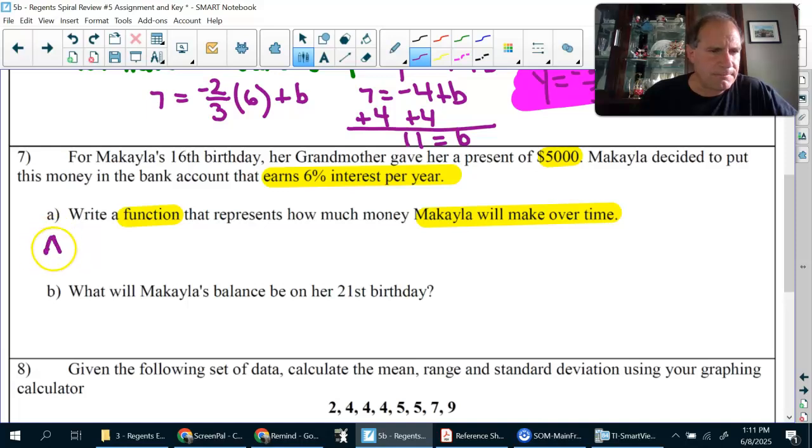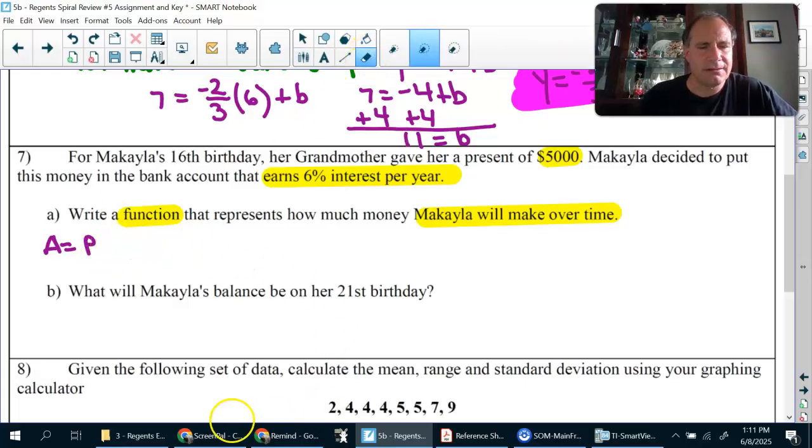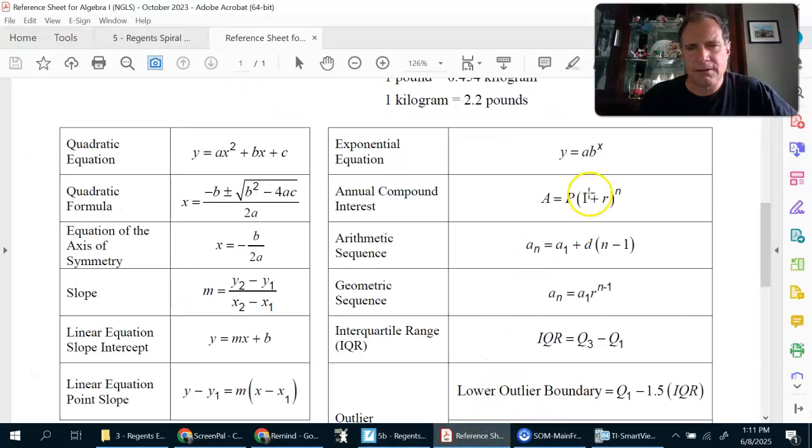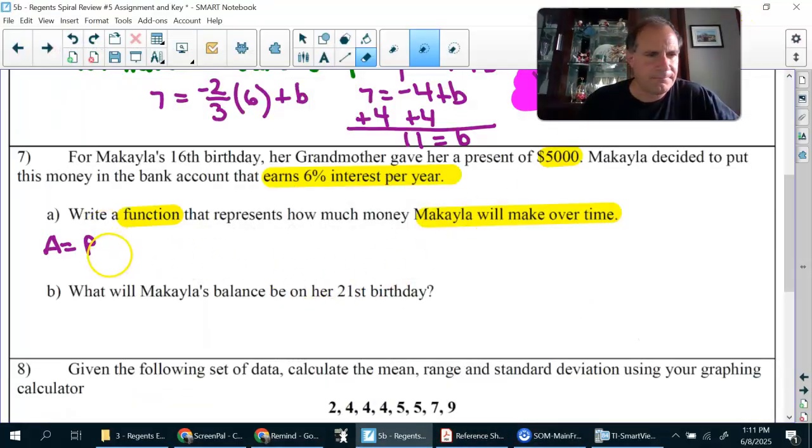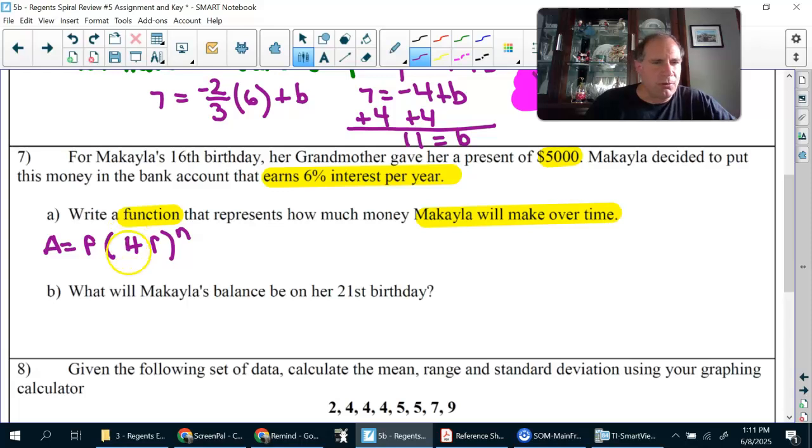A equals P for principal, times 1 plus the rate, to the N. That's the time. So it's 1 plus R because this is not a depreciation.